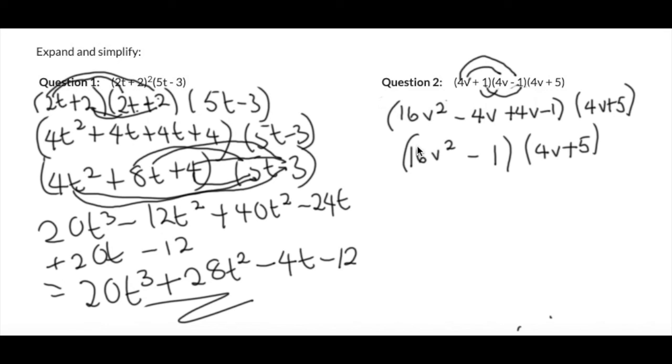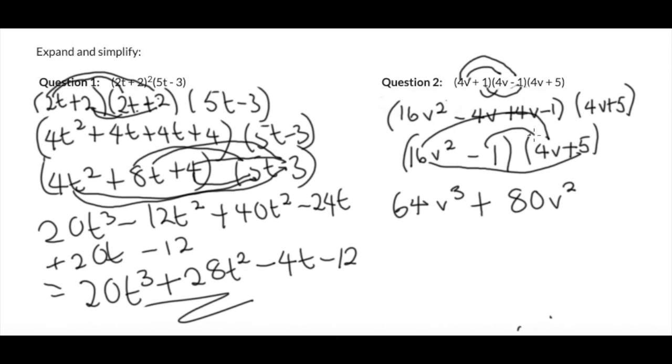So you do 16v squared times 4v, which will give you 64v cubed. And you do 16 times 5, plus 80v squared, minus 1 times 4v, which is minus 4v, and minus 1 times plus 5, which is minus 5. So that will be the final answer.